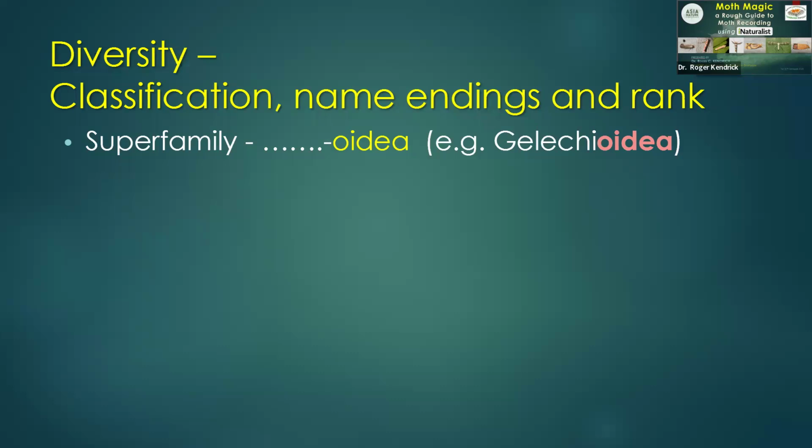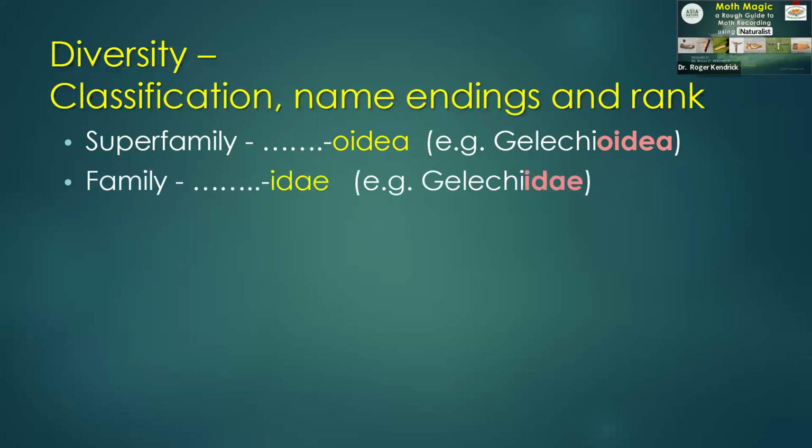A superfamily that is big in this part of the world is the Gelechioidea. Note the suffix is highlighted for the name. The prefix, which is derived from the type family for that superfamily, is then appended in front of the suffix. For family, the suffix is -idae.